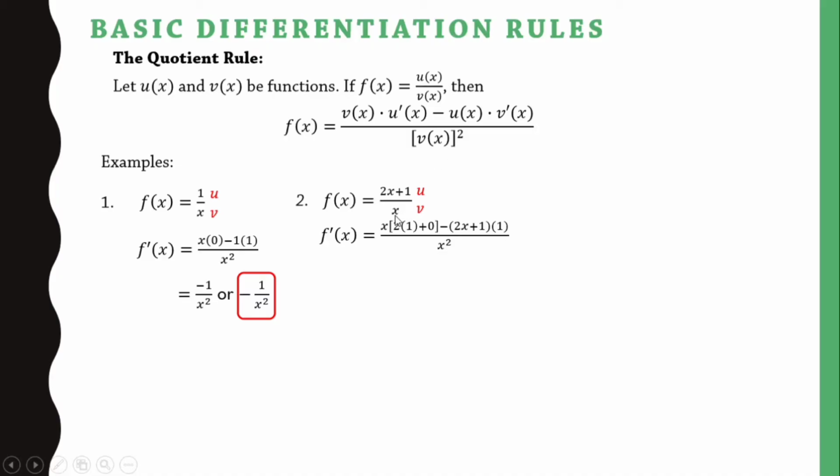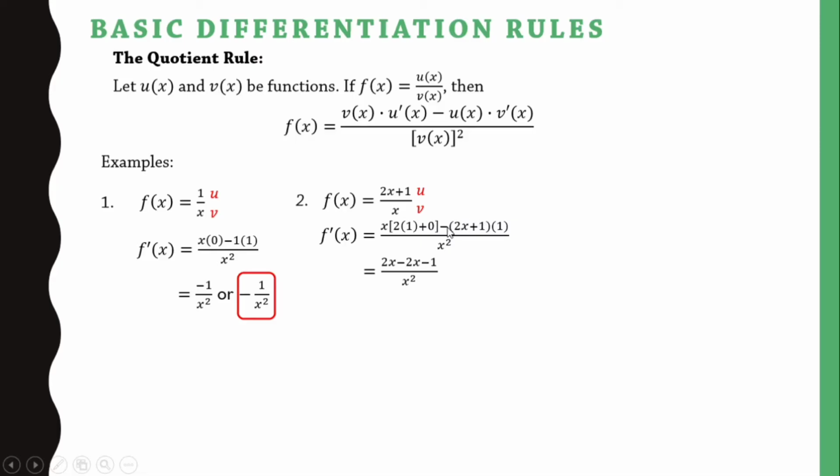All over v squared. So our v here is x. So square that, that is x squared. Now simplify. This will be 2 times 1, that's 2, plus 0, that's still 2. 2 times x will give you 2x, minus 2x plus 1 times 1 is still 2x plus 1. So, distribute the negative sign, or negative 1, to each of the terms.